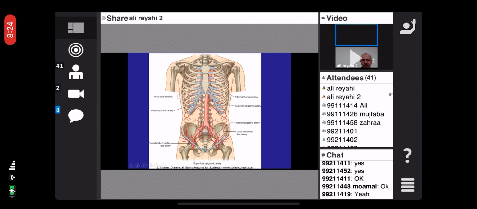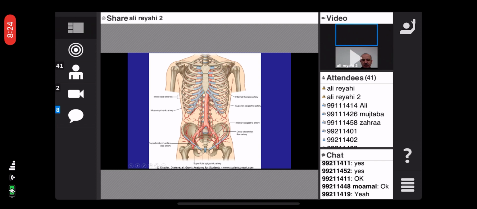So this is the deep circumflex iliac artery. After this artery passes and enters the thigh, it is called the femoral artery, and the superficial epigastric artery and superficial circumflex iliac artery are branches from the femoral artery, okay?